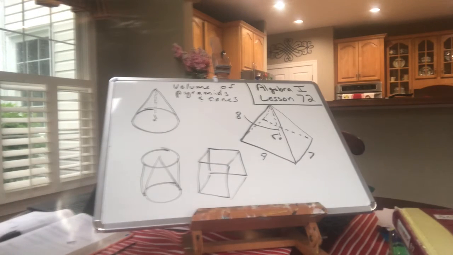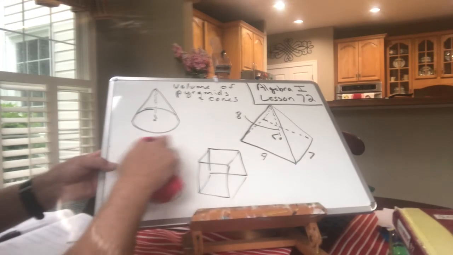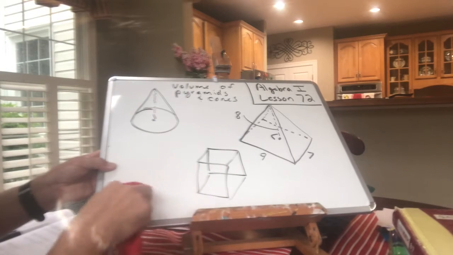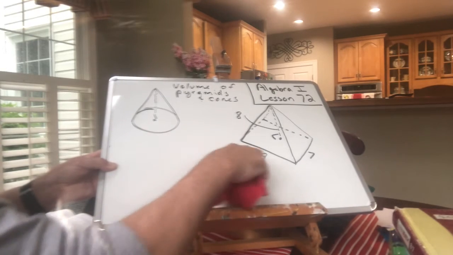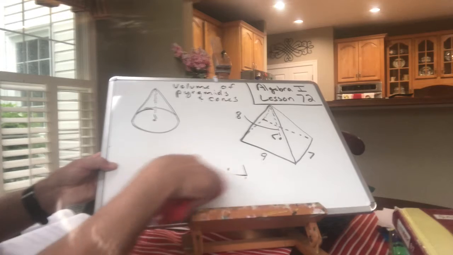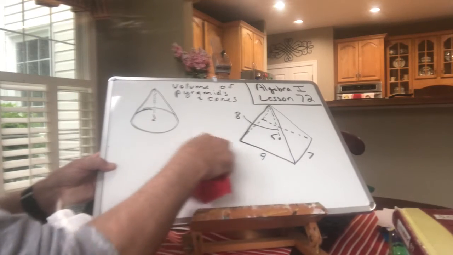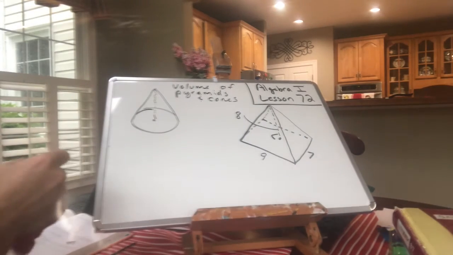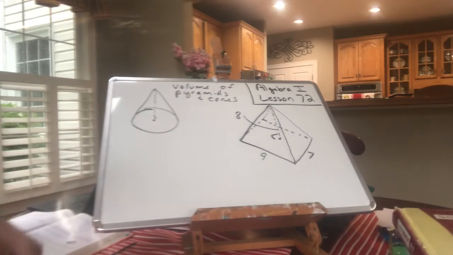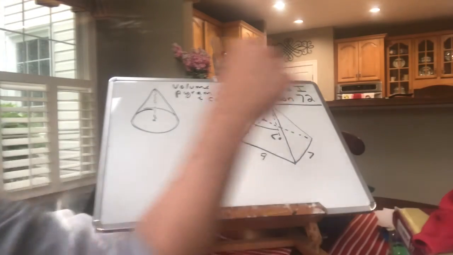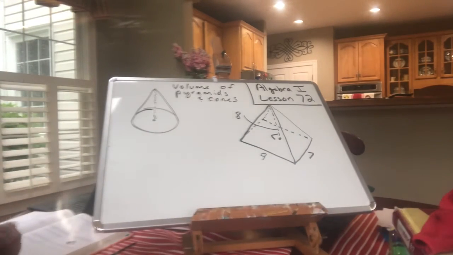Now, what we have to know about the volume of pyramids, it's really not hard. The volume of pyramids and cones equals 1/3 of the base times the height, okay? Area of the base times the height, that's what volume equals on a cylinder or on a rectangular prism.